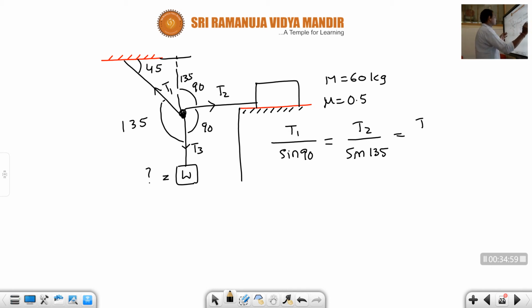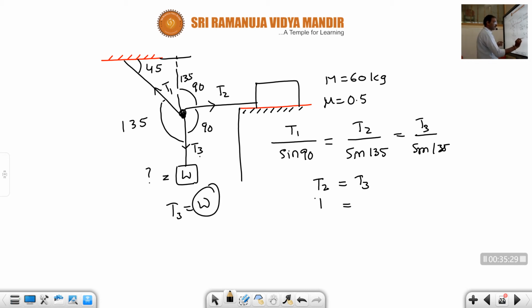I will take T3 also as nothing but W, then T3 is equal to W. And then T3 by sine 135, T3 is nothing but weight. Then T2 is equal to T3. Now T3 is nothing but W, then T2 is equal to weight.